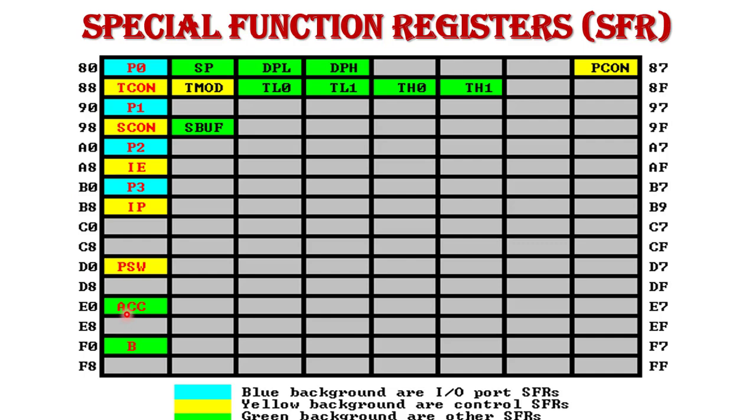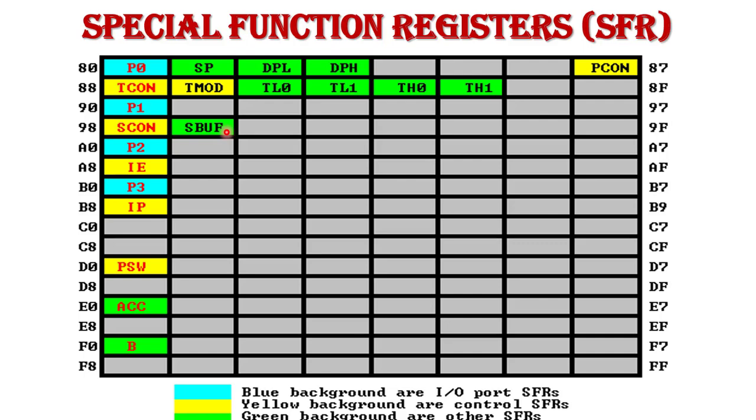Now the green background shows the other special function registers, that is the accumulator register, B register, stack pointer register, data pointer registers, that is DPL and DPH registers, timer or counter registers, that is TL0, TL1, TH0, TH1 registers and the SBUF register. SBUF is a serial port register.